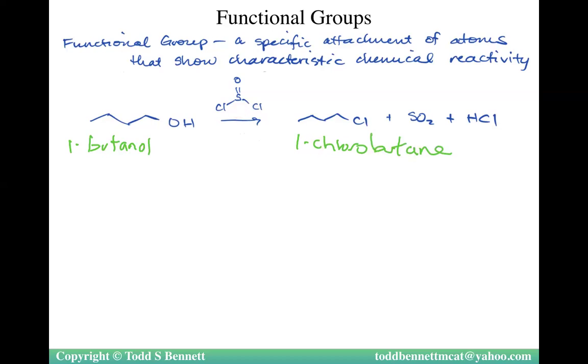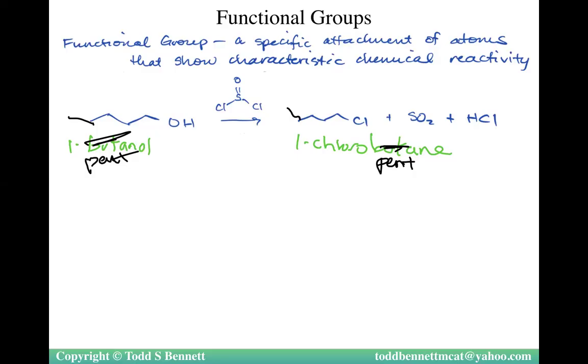But the reality is, if we wanted to, we could make this a longer chain, and this would be pentanol, for instance. So knowing that the OH on a carbon chain reacts with SOCl2 to form an alkyl chain with a chlorine, that's the important thing here.